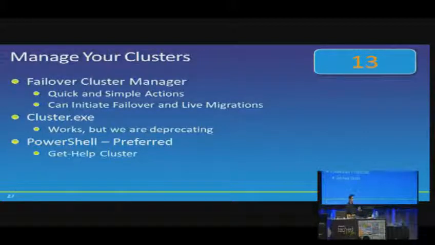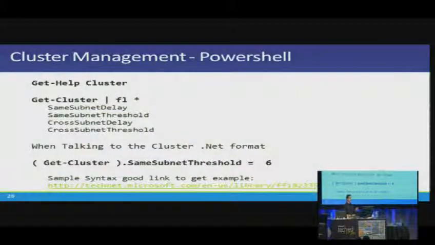And what I'd like to do now is do a quick demo of some of the PowerShell capabilities. So within PowerShell, to get information as far as what types of things you can set in the cluster, Get-Help Cluster will give you all those cmdlets. Get-Cluster will give you the cluster information, which the two things that I use it for are the same subnet stuff and the cross subnet stuff, and we'll talk about that in a little bit.